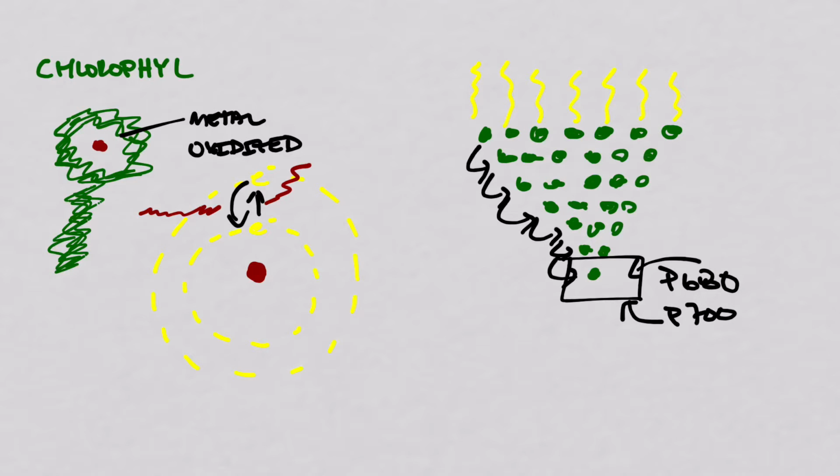So by the time we get to this last pigment at the end right here, there's enough energy being emitted by these final two that we can take this electron from this metal atom, and instead of just bumping it up an energy level, the molecule actually kicks it off and creates what's called a high energy electron. So this high energy electron is special.